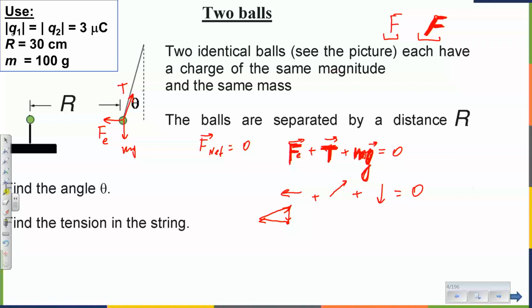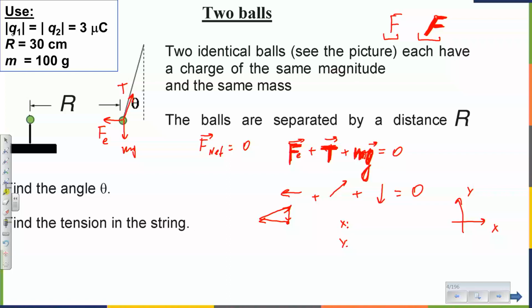And there is a second way, which is using components. If we want to use components, we need to see the x and y axes. And in this situation, we can write 2 equations. One is relative to the x-axis, the second is relative to the y-axis.